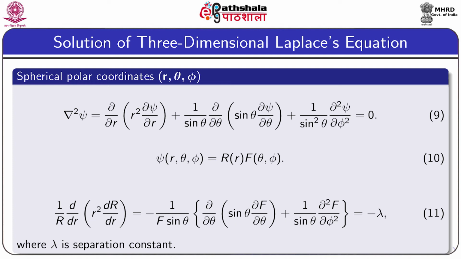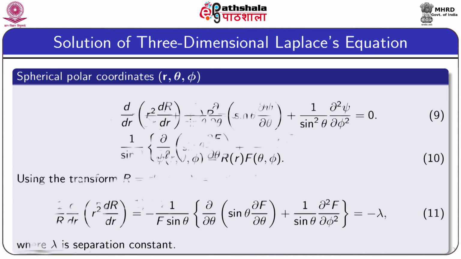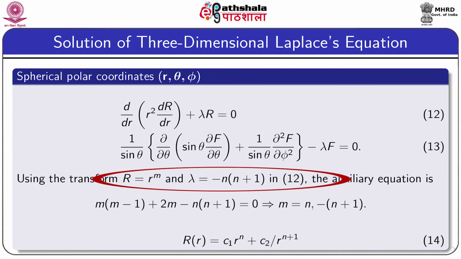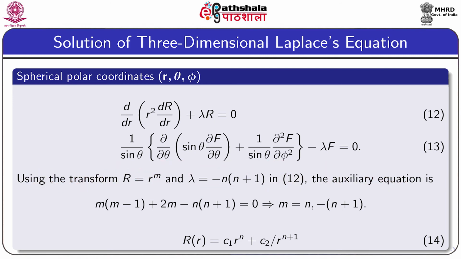Now, equating the expression for R, which is written here, equal to minus lambda, we get the equation for capital R in equation number 12. This is the famous Cauchy-Euler equation. The solution of this equation can be assumed in the form capital R equals r to the power m, and this small m can be determined from the value of lambda.